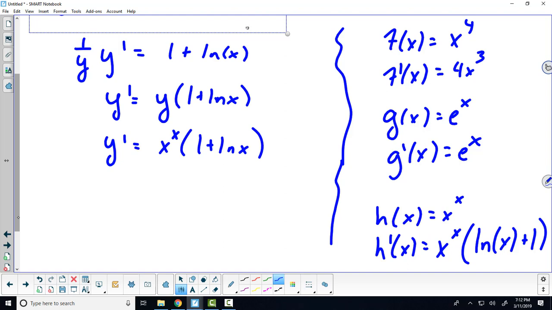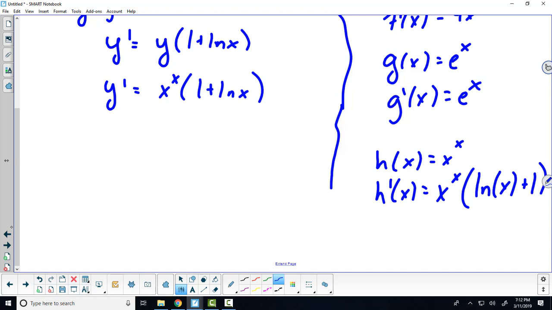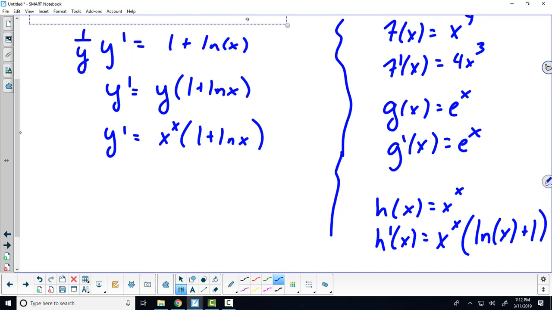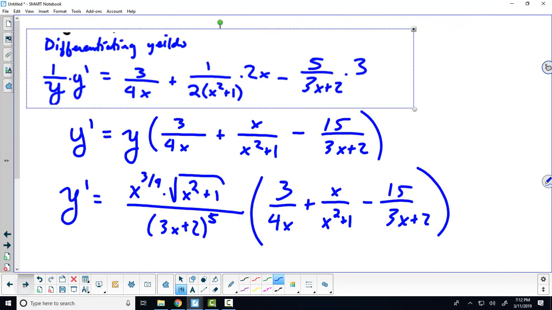It's changing incredibly fast. Okay, but it's not infinite. It's still measurable. Okay. Anyway, that's something to think about. That's not something I test you on or anything. But that's something to think about. All right, but what I could test you on is this part right here, finding the derivative of x to the x. Okay?